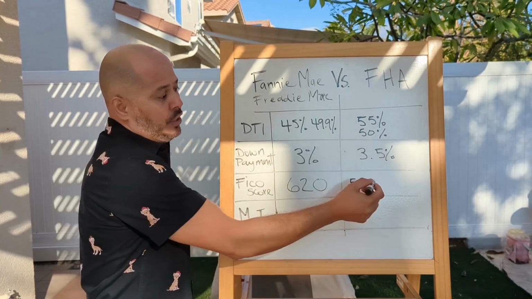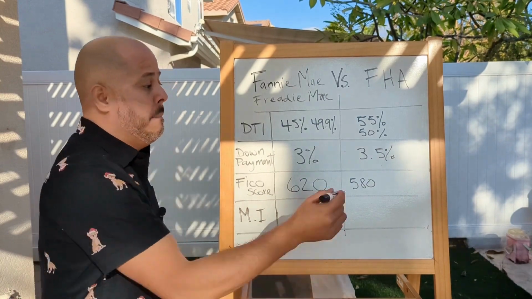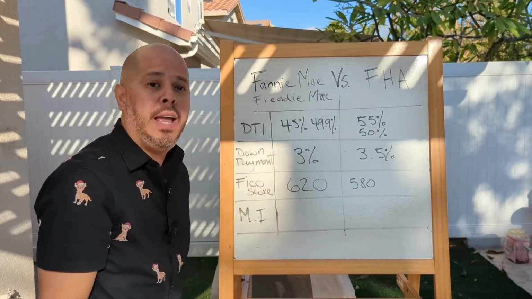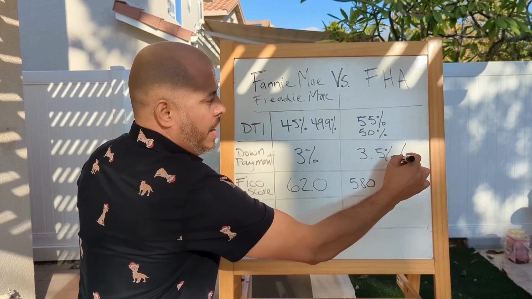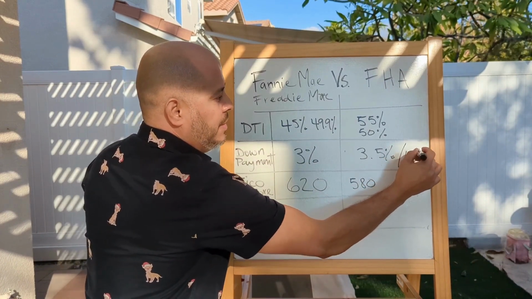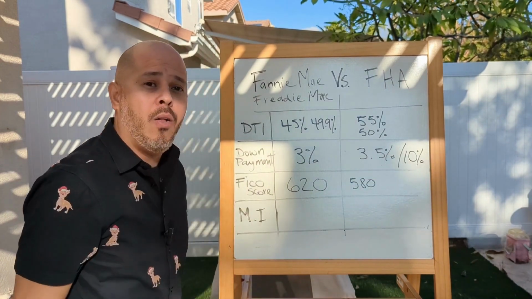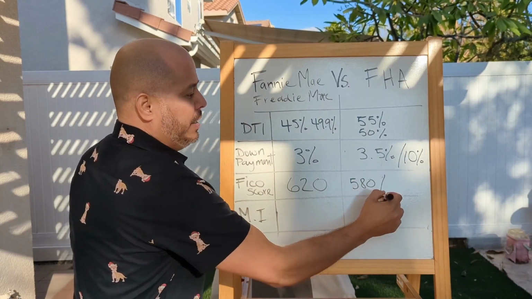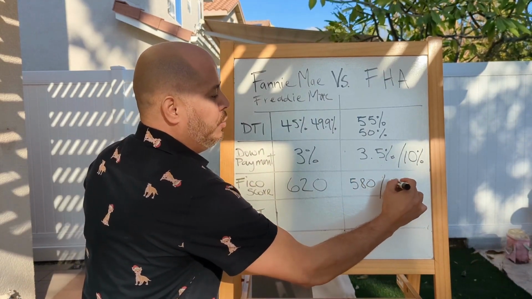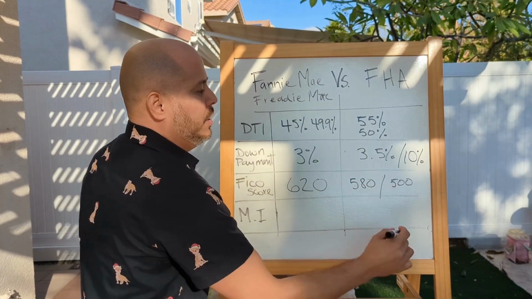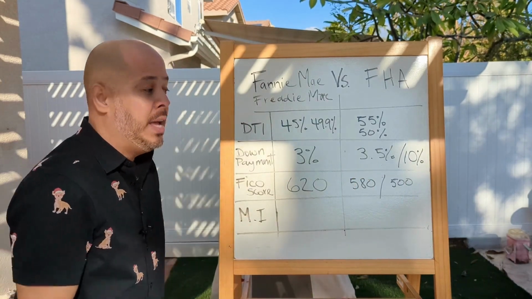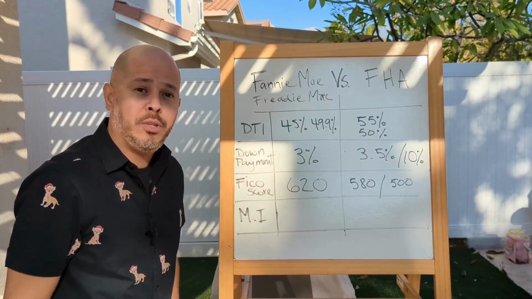580. Now, FHA does allow you to go lower on that, but you will have to have a higher down payment. So right here, if you can put 10% down on the loan, then FHA is going to allow you to go all the way down to 500. You could have a 500 FICO and still qualify as long as you put 10% down.